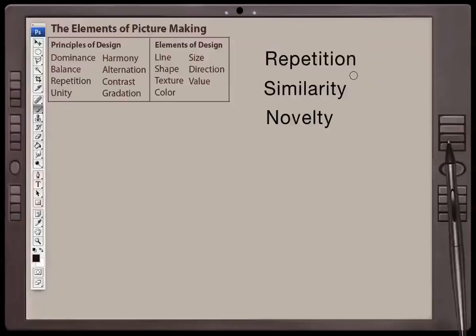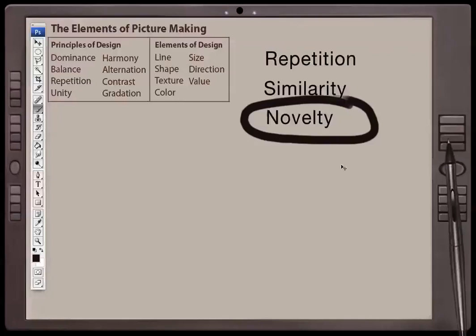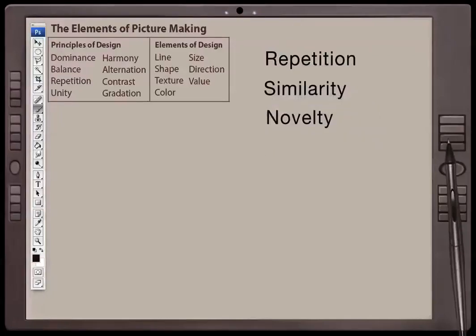You can combine them to form similarity, or you can combine them to form novelty, which means that contrast is introduced. Now, I'm going to be talking more about this later, and I'll be showing you some concrete examples and going into this in more detail, but right now I just want to point out to you the 3 ways in which the elements of design or whatever images or objects you use in your pictures can be combined.